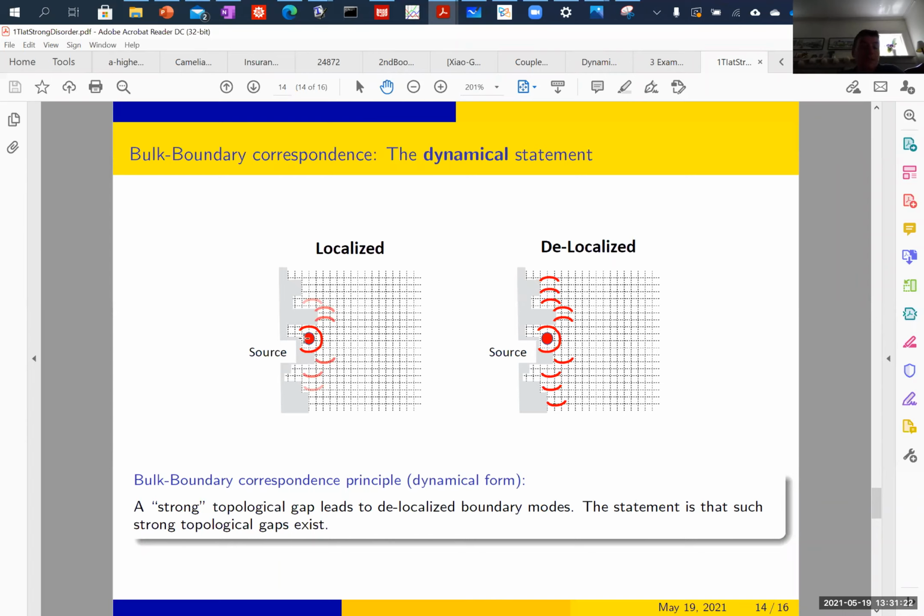What experimentalists will be interested in is if this boundary spectrum is delocalized, which means the wave functions are delocalized along the boundary.